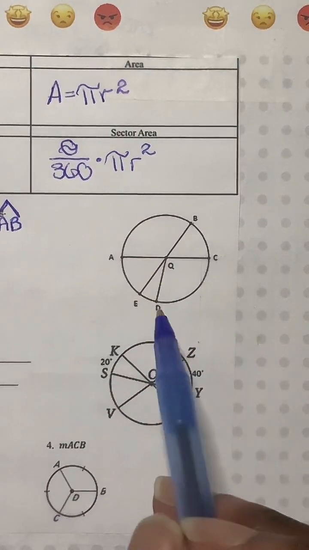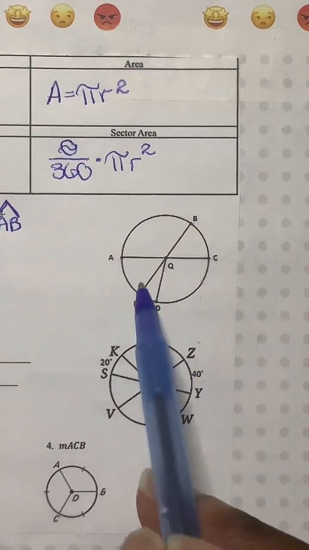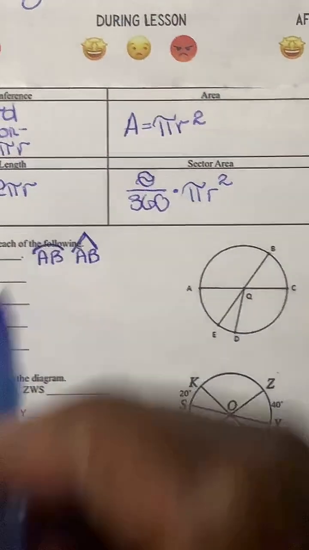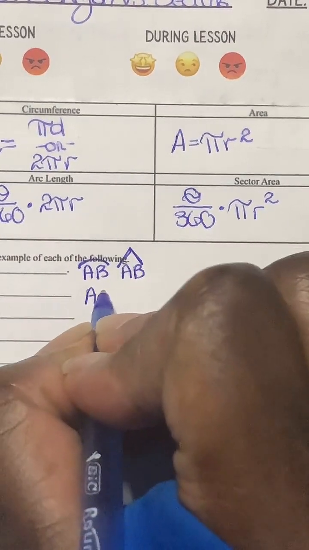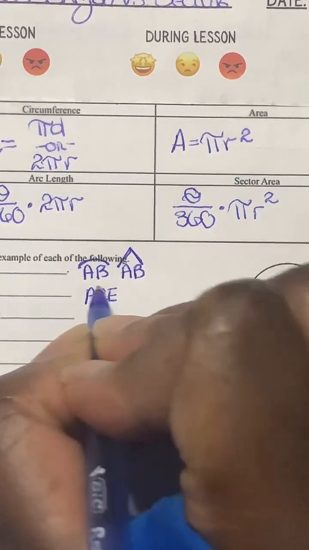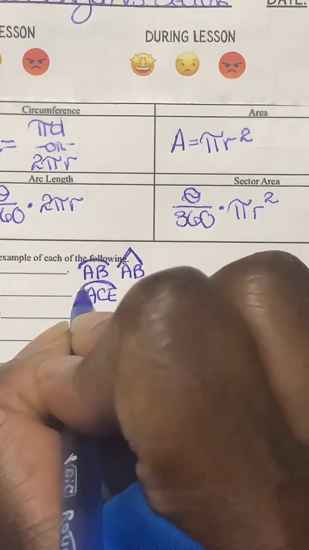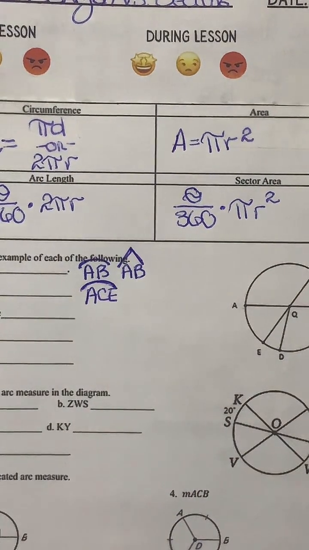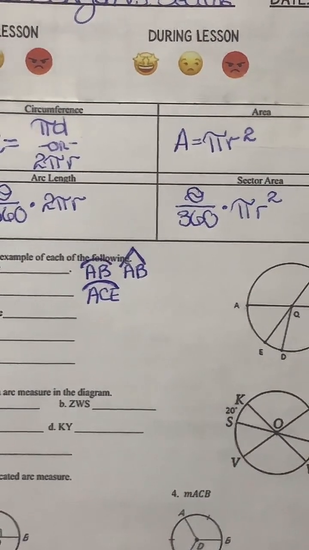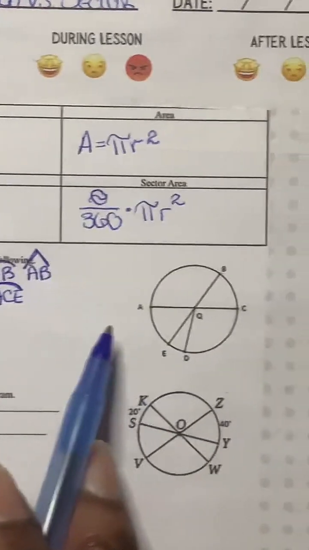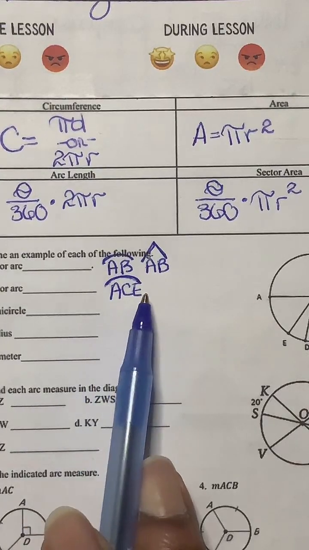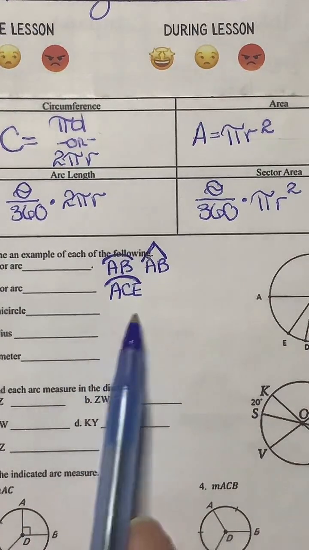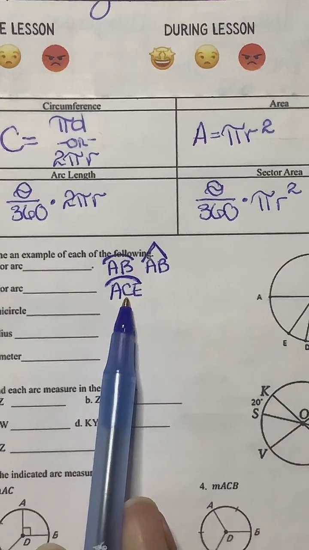For us to name a major arc, let's say ACE, I'm writing out all 3 letters, and this is the arc. So arc ACE is written out with 3 letters. This is where you start and this is where you end. And you just figure out one point that's along the way.